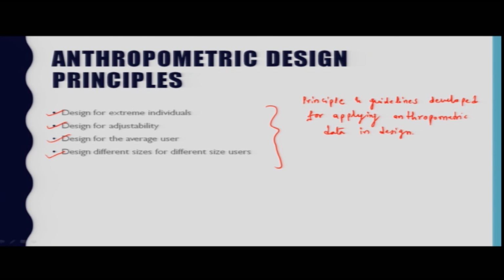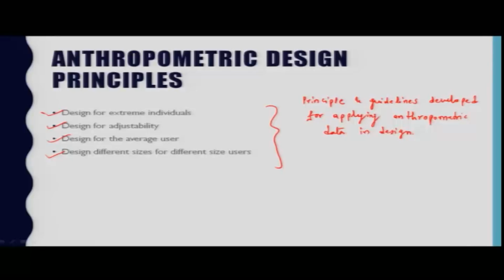There is a variety of designs, and that design variation is because of human size variability, which we have discussed in the previous slide, and which is mostly based on age and the climatic conditions where the people are living. Ethnicity is also one of the major factors, along with climatic conditions, age, sex, and health conditions. These are the possible factors of human size variability.